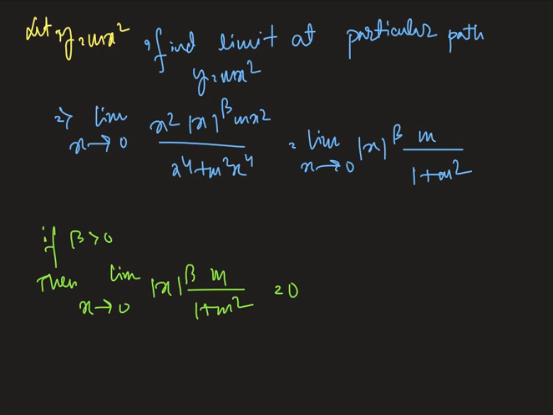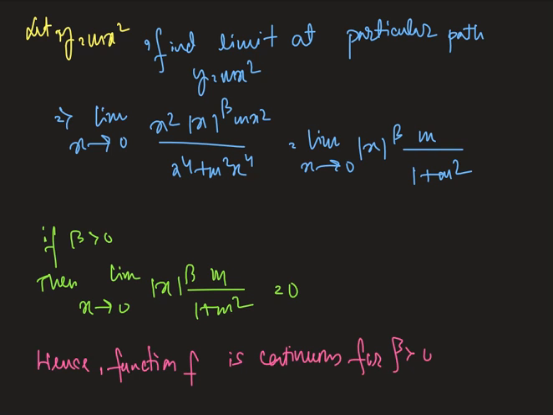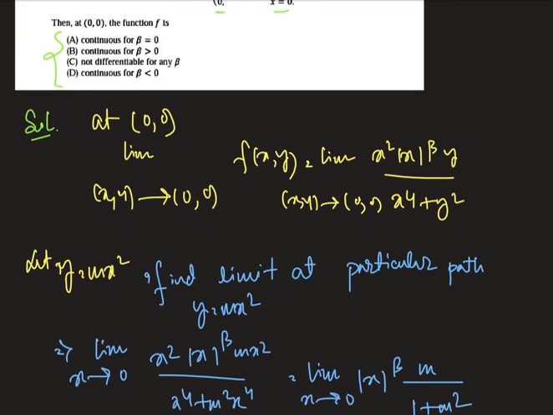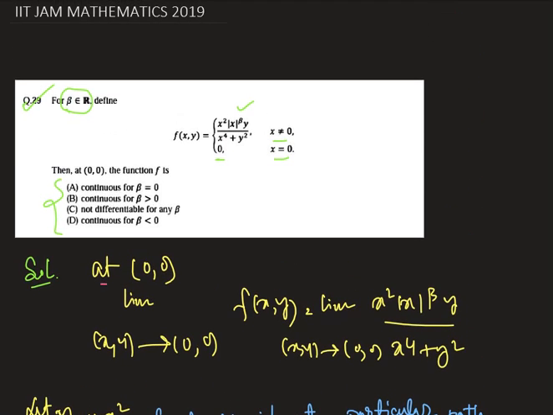Hence we can say that the function f is continuous for beta greater than 0. Here, why do we choose this point?